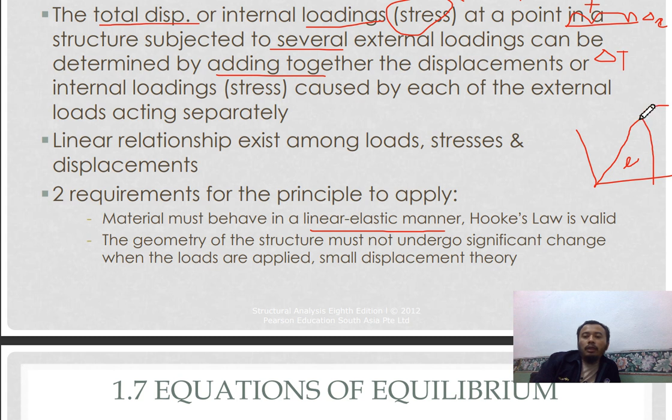Beyond this elastic proportionality, it will go into yield. So in applying the principle of superposition, your material should behave within this section. Basically, the stresses applied on that material, for example steel, cannot exceed this elastic proportional stress value.